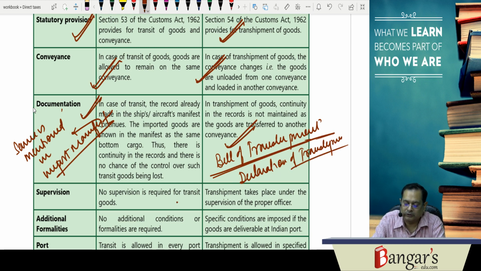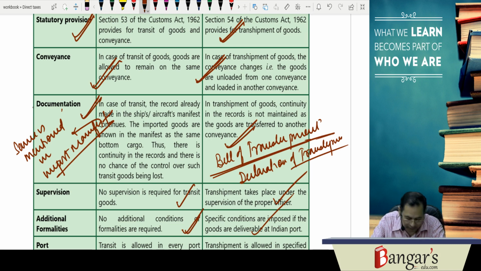In case of transit, no supervision is there, whereas in case of transshipment, supervision will be there under the proper officer. Then no additional formalities are required for transit, whereas specific conditions are imposed for transshipment.